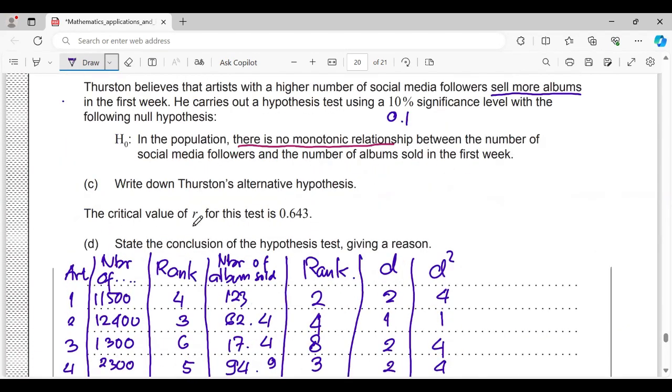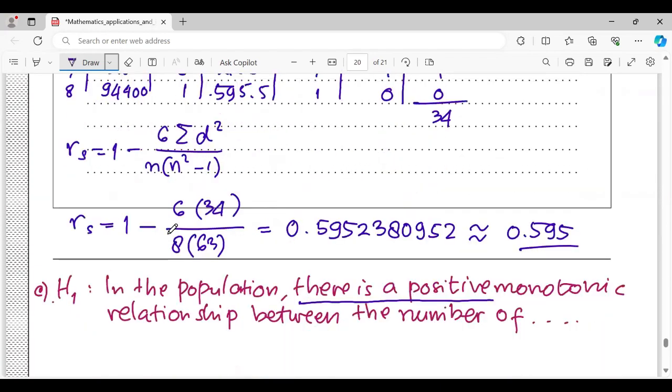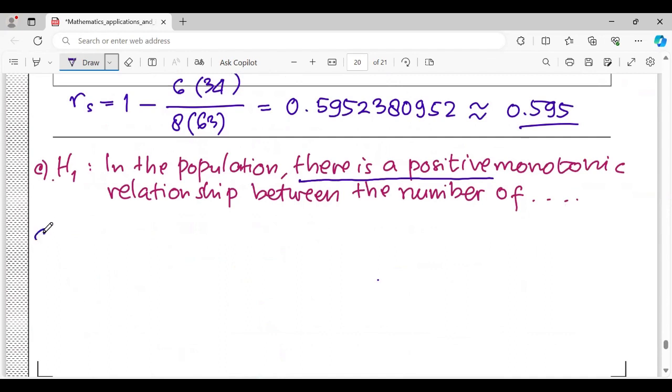The critical value of RS for this test is 0.643. State the conclusion of the hypothesis test, giving a reason. RS equals 0.595, which is less than 0.643.